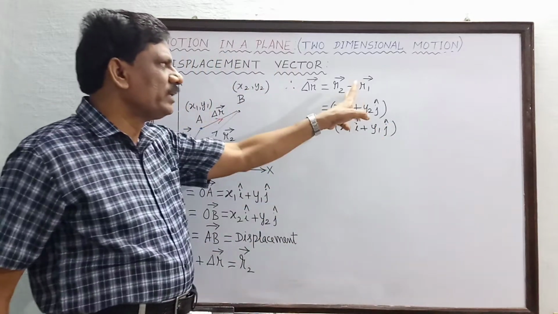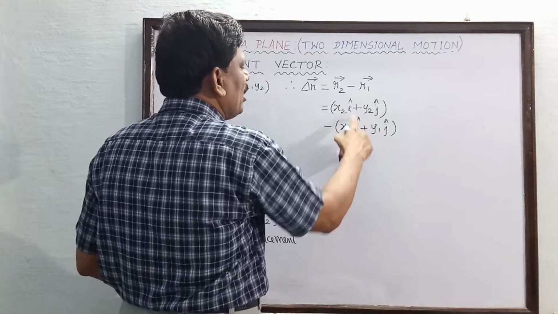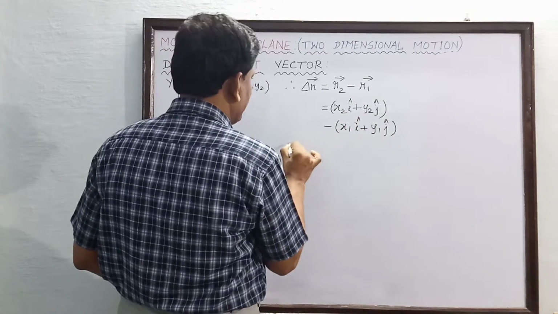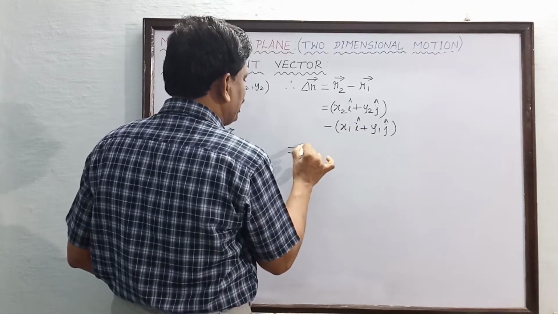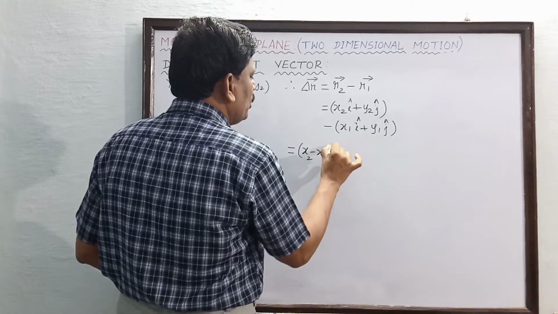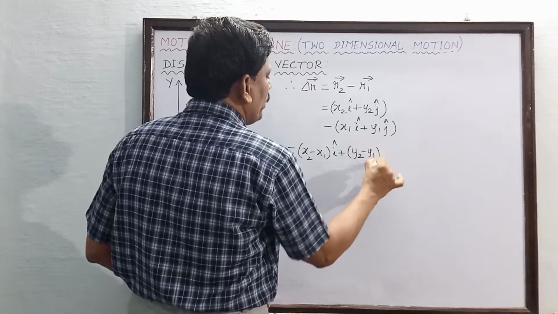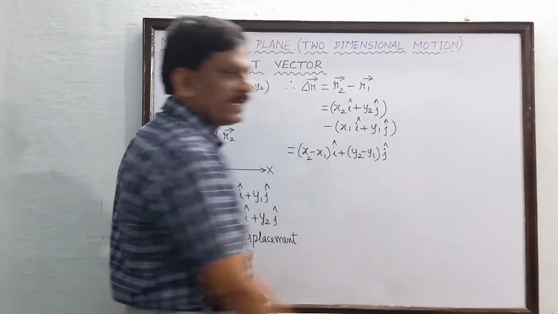Then i cap is a common factor, so this can be written as (x2 minus x1) i cap plus (y2 minus y1) j cap.